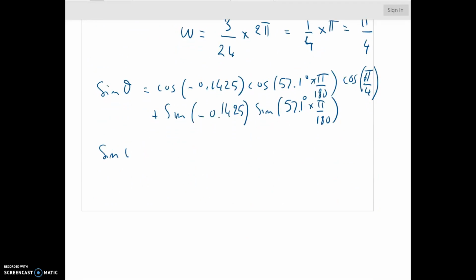Therefore, the value of the sine of your angle theta equals 0.2609.